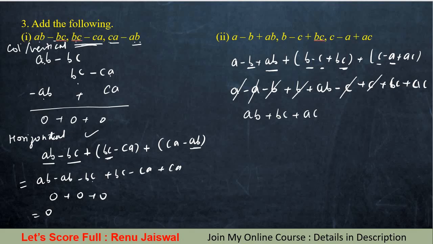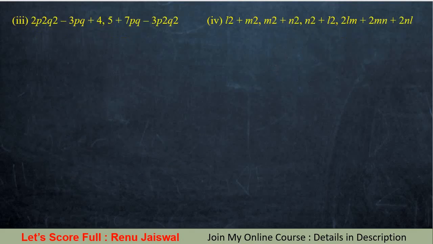We can do a few more for practice. Like here, the question is P2 means P square. It is something 2P square Q square minus 3PQ plus 4. Then comma means it's an addition question.